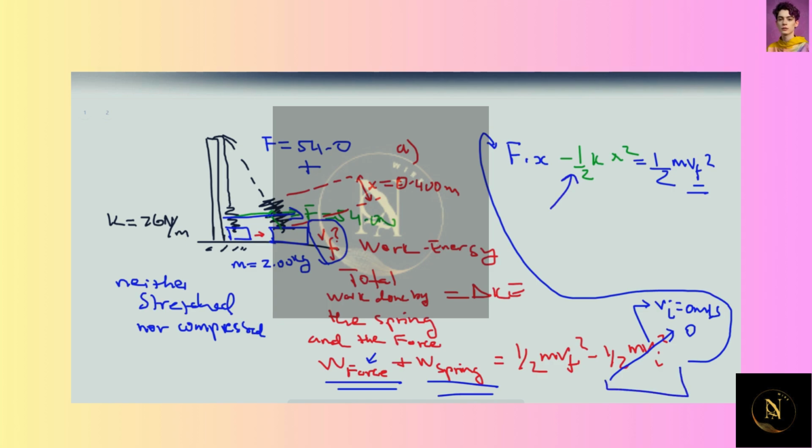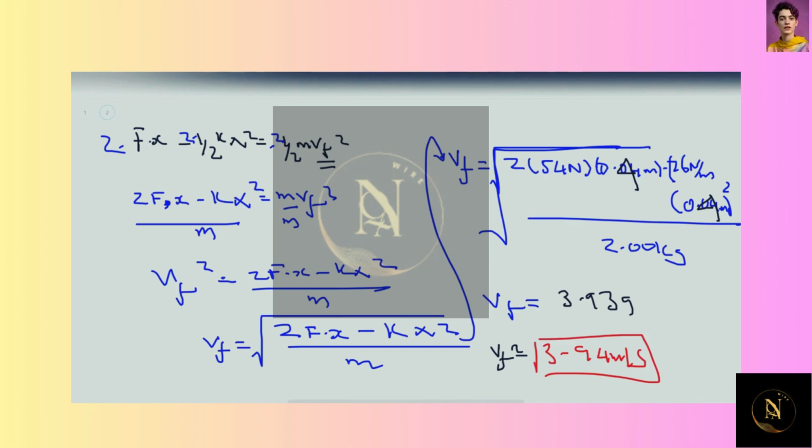Remember, the initial kinetic energy is 0, so that's going to cancel out. We have Fx. Remember, if the force is constant, work is given by the constant force times the displacement. That's the left side of the equation. We move on and solve for V final. Always keep the variables up until the end and then plug in the numbers and you get the result.